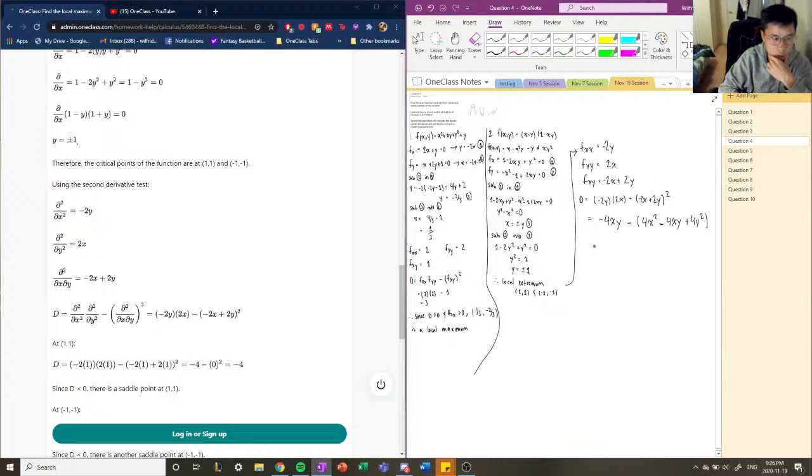Cool. So we're going to plug in our values now, our saddle points here. Let me simplify this too. So negative 4x squared plus, so this is just plus minus 4y squared, because this and this cancel out here. Let me make sure I did my expansion right here.